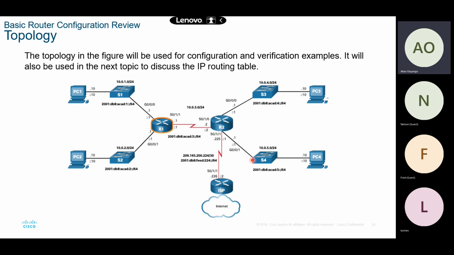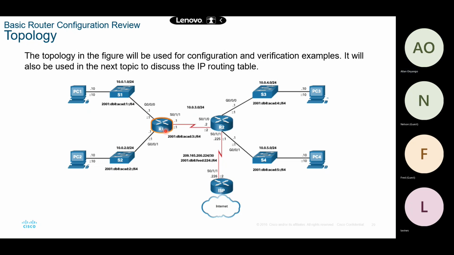Like, for example, when you are in R2, you have the network going to S3, and you have another network going to S4. Those networks are only directly attached to R2, but they are not directly attached to R1. So for you to reach those networks, R1 must go through R2 to reach those networks that are directly connected to R2.